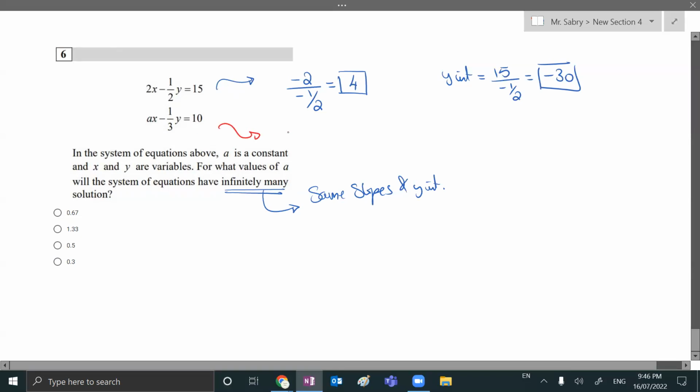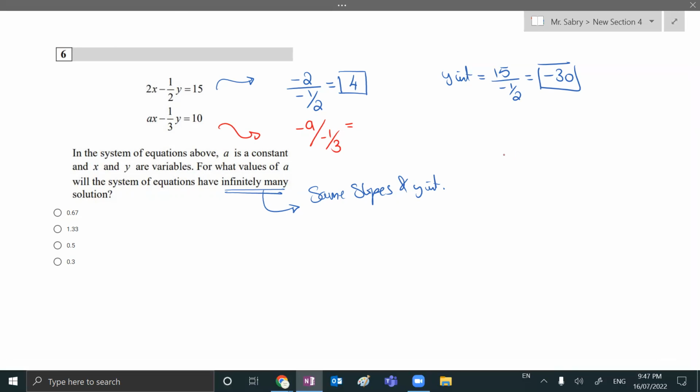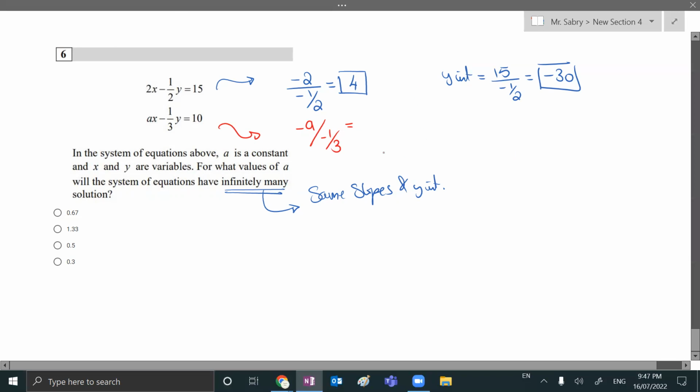For the slope, it's supposed to become negative A over negative 1 over 3. Now listen carefully to this part. I just used the system of equations here. Yeah, I know. But that's why I'm telling you, Lulu, systems of equations would get you x's and y's, but not the a and b. I'm sorry. I want to discuss something important here. Now I'm dividing this by a fraction.